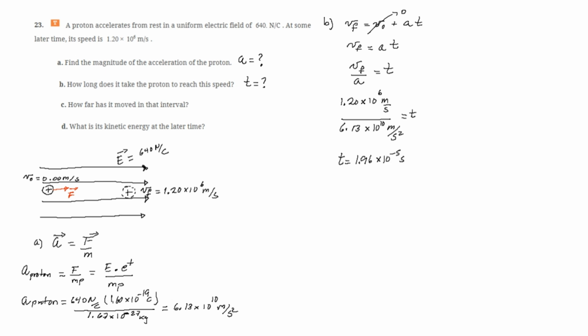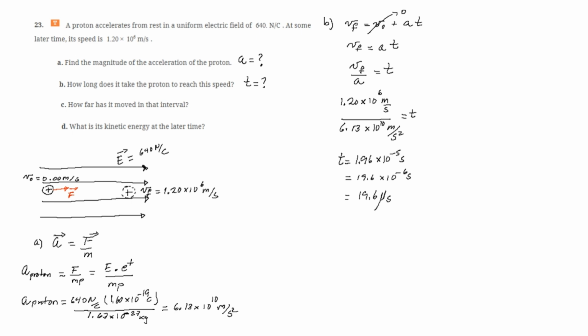which is the same as 19.6 times 10 to the negative 6 seconds, and 10 to the negative 6 seconds is a microsecond, so it's going to be 19.6 microseconds.